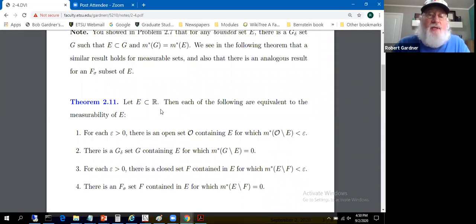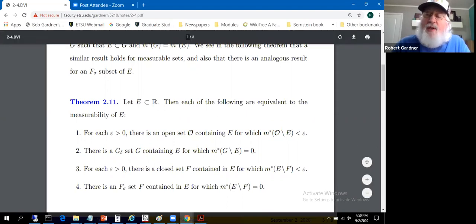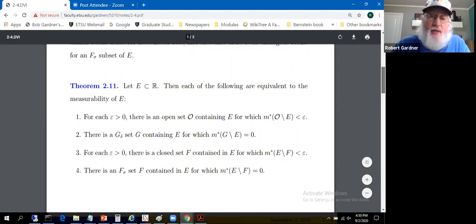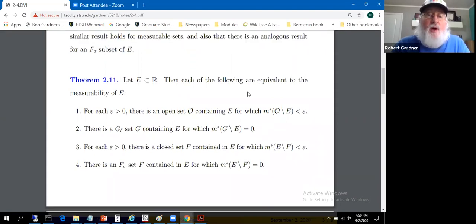All right, so the statement is: let E be a subset of the reals, then the following conditions are equivalent to E being measurable. So E measurable implies each of these, each of these implies E measurable, and each of these implies each other as well.